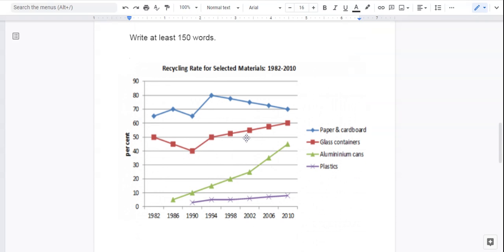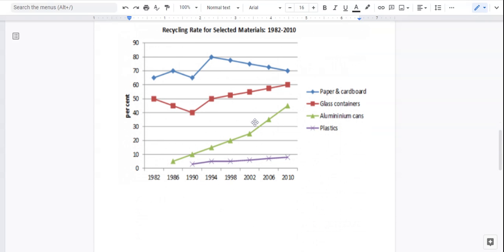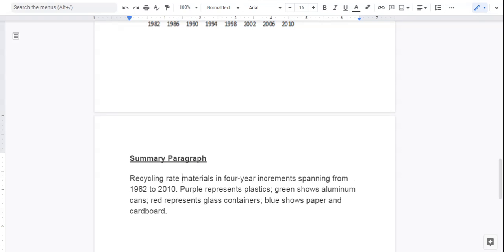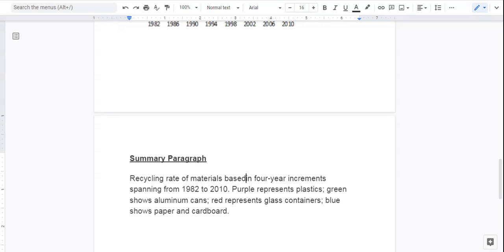So in the percentage, by recycling rate for selected materials, rate of materials based on percentage.